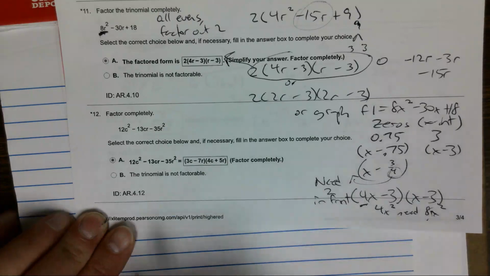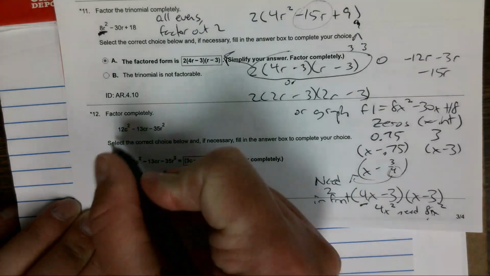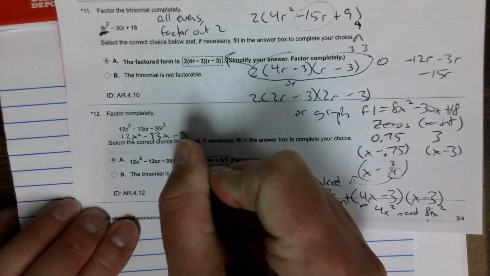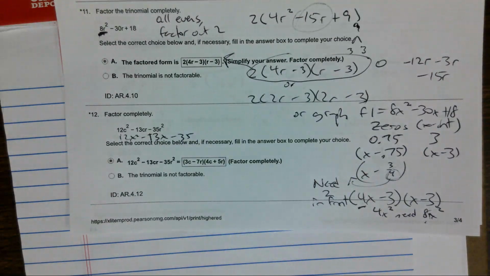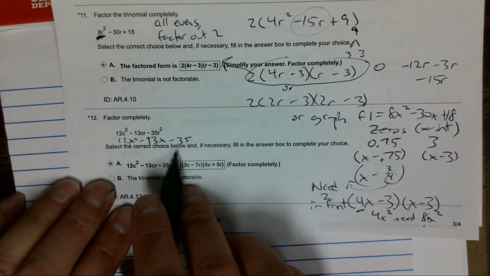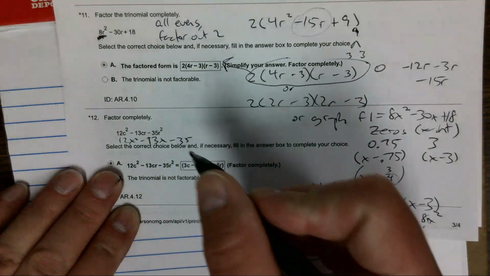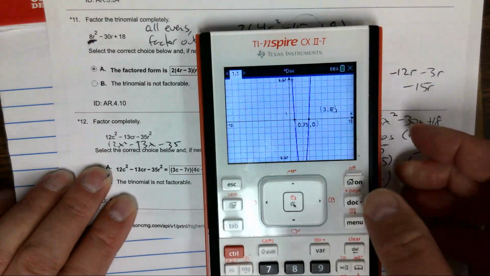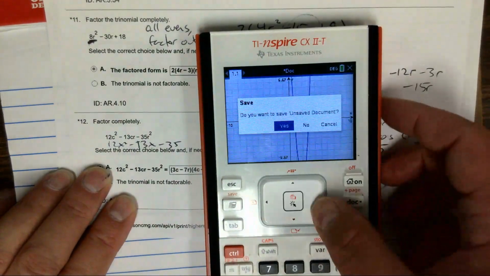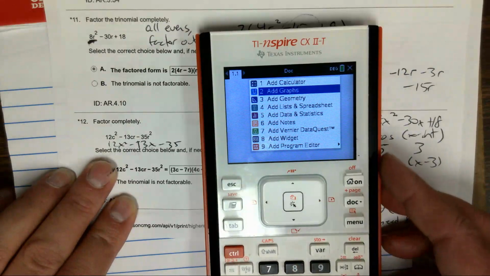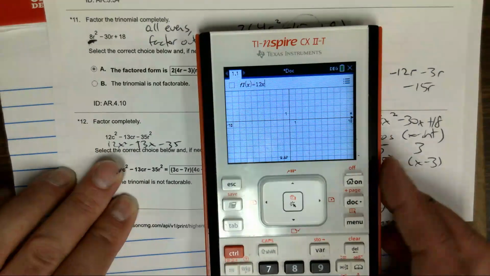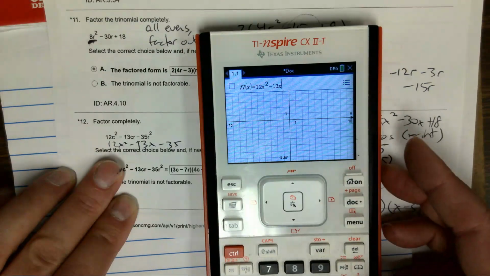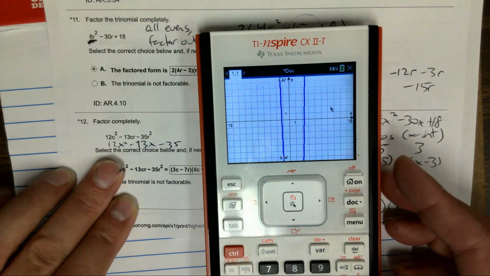Okay, so on this one we have 12x squared minus 13x minus 35. And so if you wanted to, you could type it this way. And you go to New Document, Graphs, 12x squared minus 13x minus 35, enter.